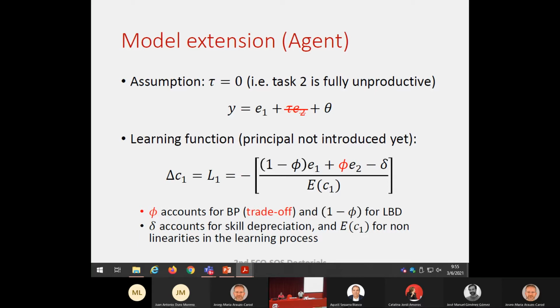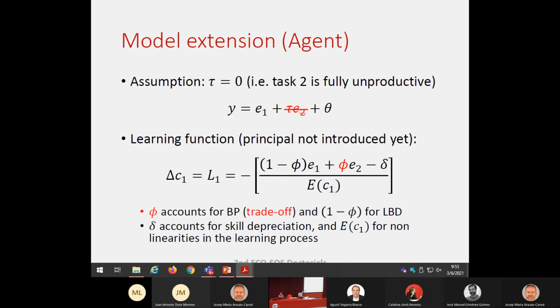Then just for illustrative purposes, we depart from the particular case where theta is 0, just to make the second task fully unproductive, no contribution to output, okay? This is because if we depart from here, then the trade-off is really clear. The variation of the cost parameter is the learning function because it means the increase of skills if cost is reduced.